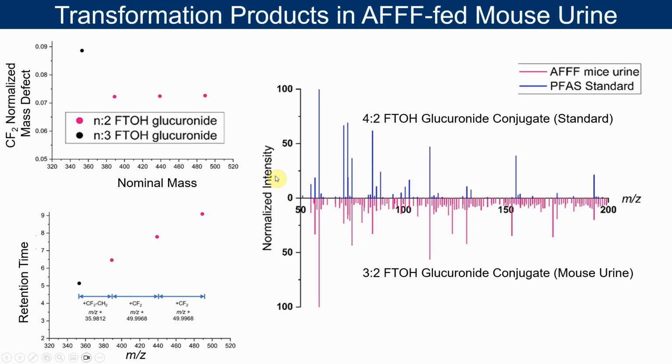And with these mirror plots, we can now get very nice matches against experimental spectra or standards. In this case, this is a transformation product. So our body transformed this PFAS into a glucuronic conjugate, and we're able to see how the spectrum matches up.